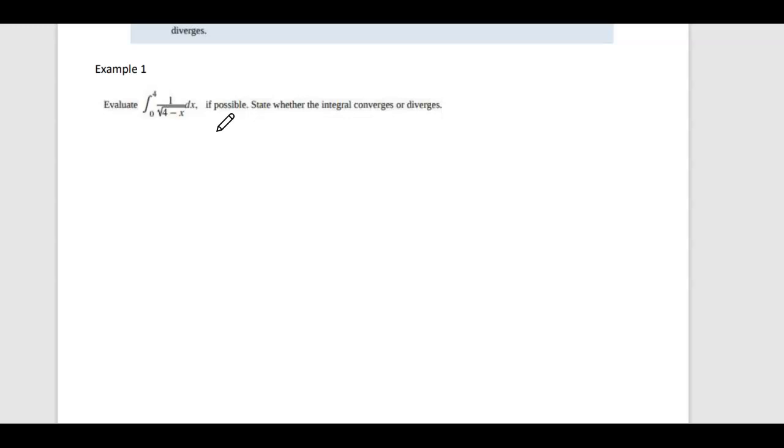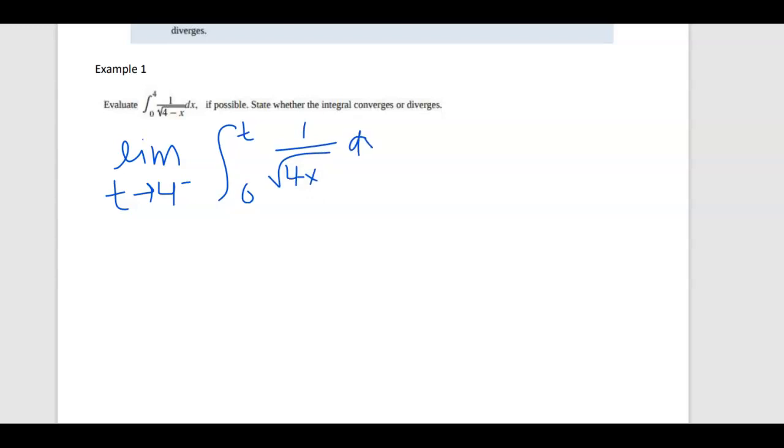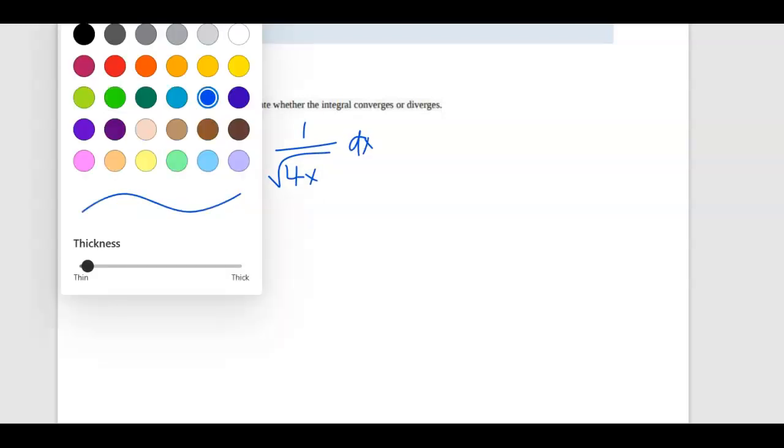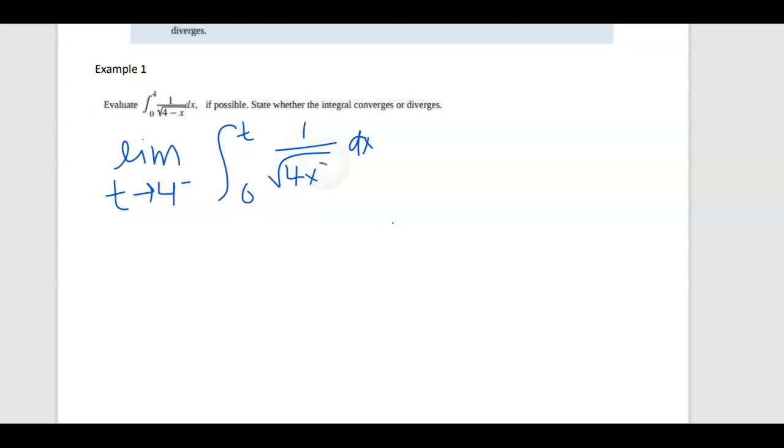So because I have that discontinuity on the upper bound, that's what I'm going to let t be. So I'm going to say take the limit as t goes to 4 from the left of the integral from 0 to t of 1 over the square root of 4 minus x dx. Now let's do a little mini u-sub on this one. So if u is this inside piece, then du is negative dx.